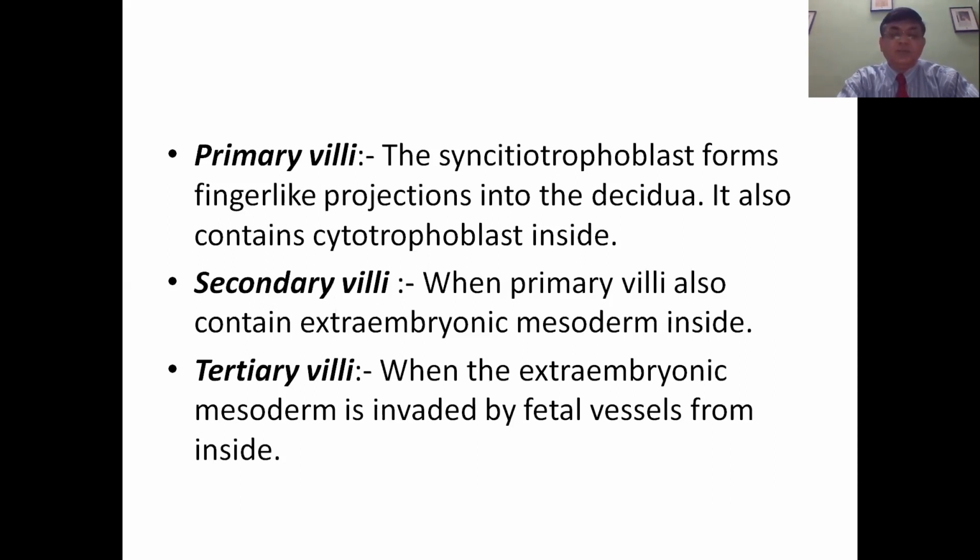Secondary villi: when primary villi also contain extraembryonic mesoderm inside. That is the secondary villus. And what is tertiary villi?